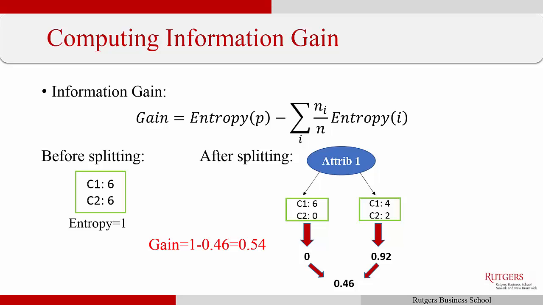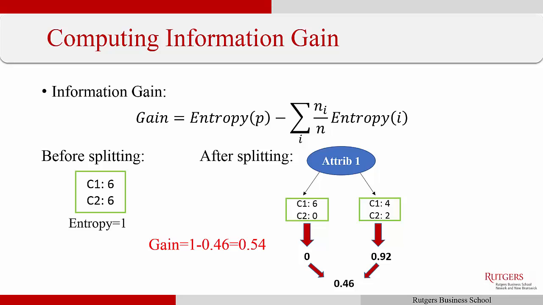The first node contains 6 records, and none of them belong to class 2 and all of them belong to class 1. Another node also contains 6 records, and 4 of them belong to class 1 and 2 of them belong to class 2. For the first node, the entropy is 0, and for the second node, the entropy is 0.92.